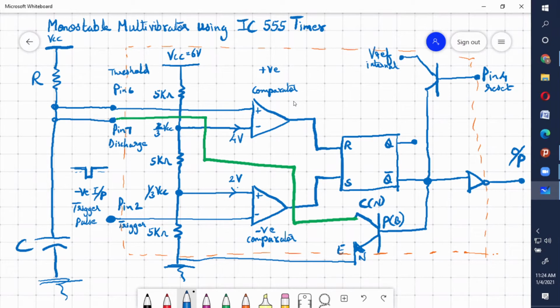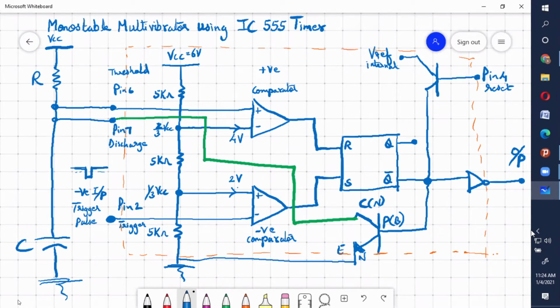Students, have we finished? Yes, sir. Students, now you have to tell me the values at each point.